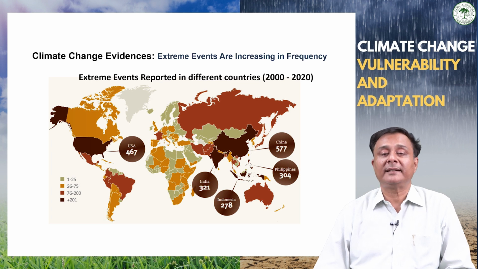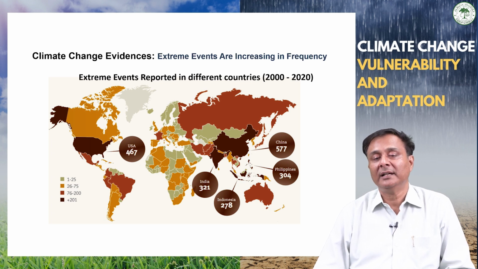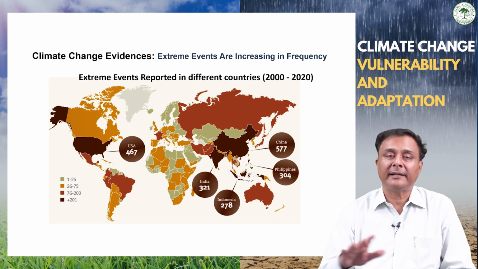And as I am saying, it is becoming more and more expensive, some $300 trillion of global economic losses have been incurred due to this erratic behavior of climate. So I would say that climate change is real, and the erratic behavior of weather elements is the clear evidence of it.